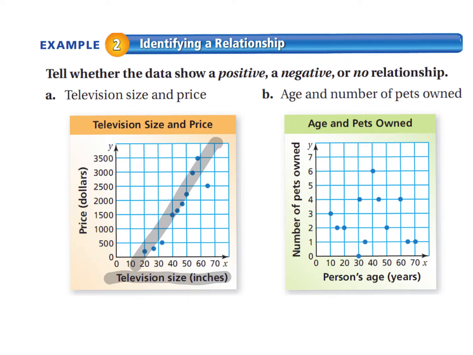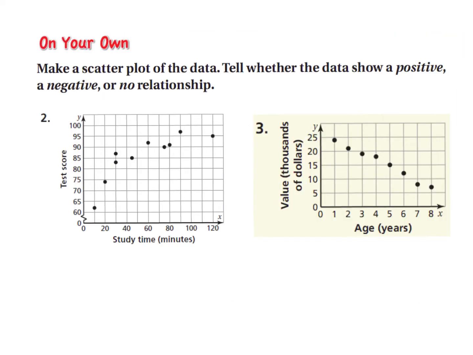How about age and the number of pets owned? As a person's age goes up, look at our dots all over the place. There is no relationship. Pause the video and you try a couple, see if you can figure it out. I would say the relationship between study time and test scores is positive.